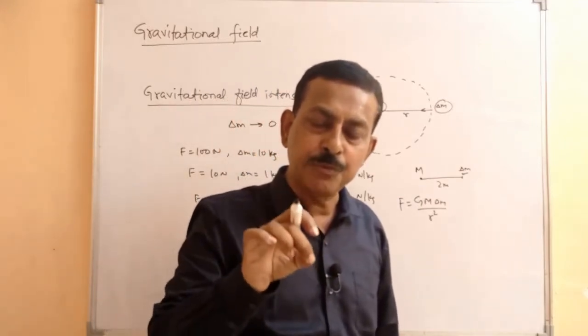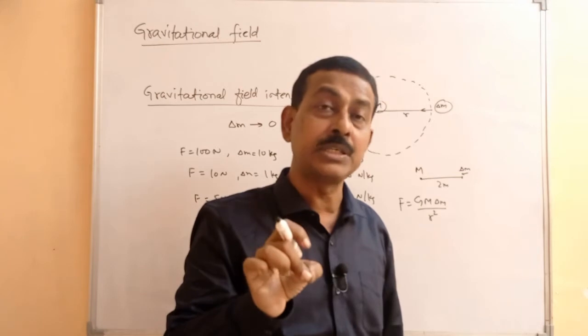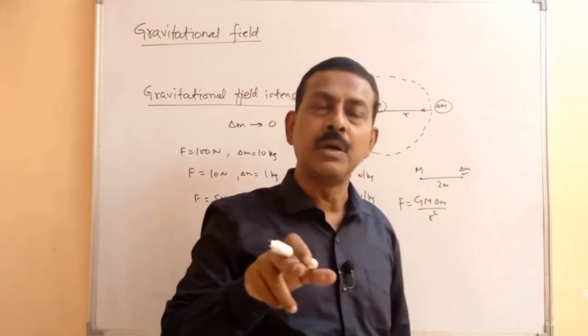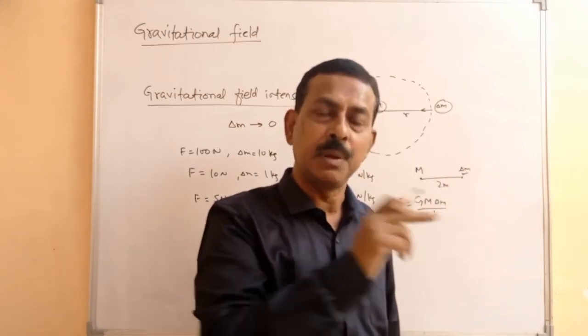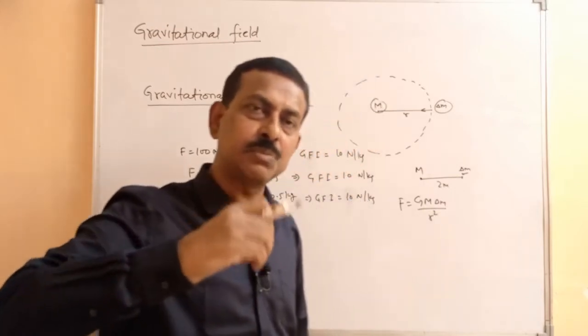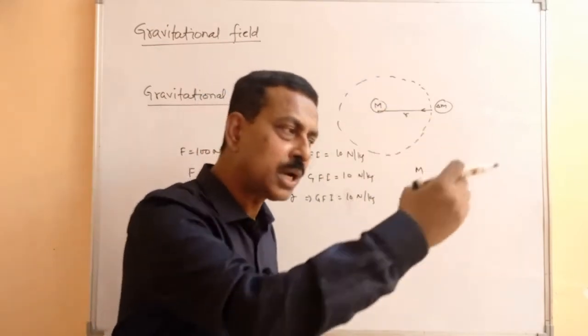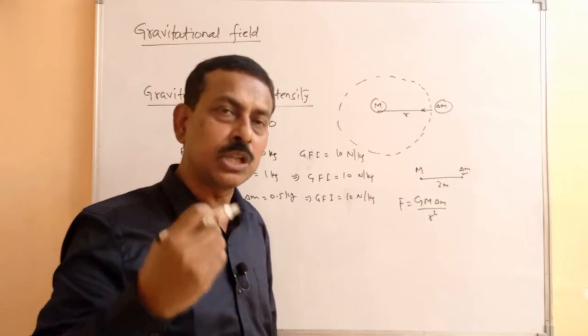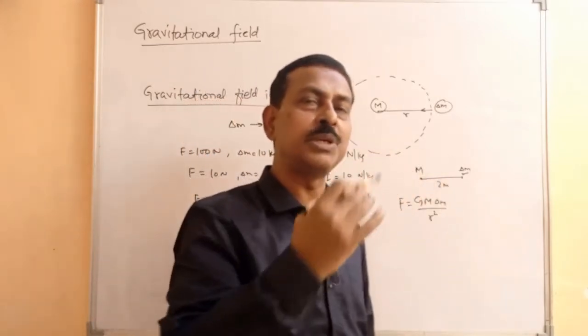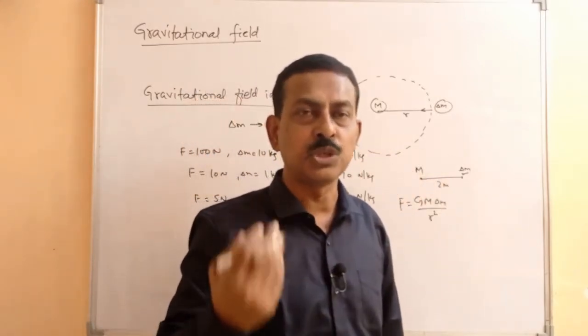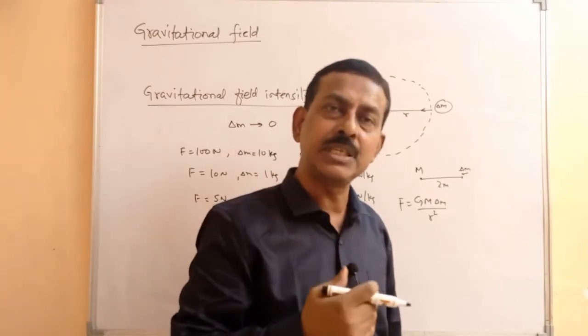Like I'm trying to focus at the particular point, initial point, which was 2 meter distant from the source mass. But as I'm bringing the test mass at this particular position, the source mass may come closer and it is now not exactly at 2 meter distance. So the force experienced will change, the gravitational field intensity value will change.